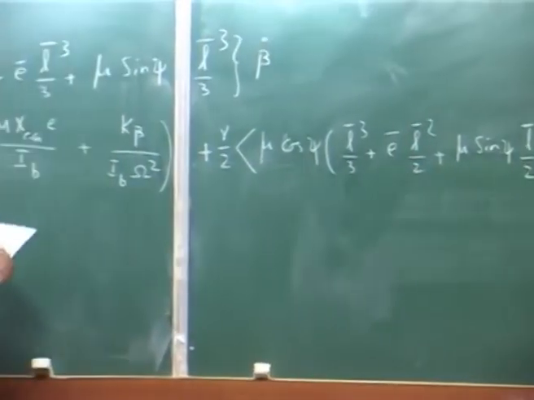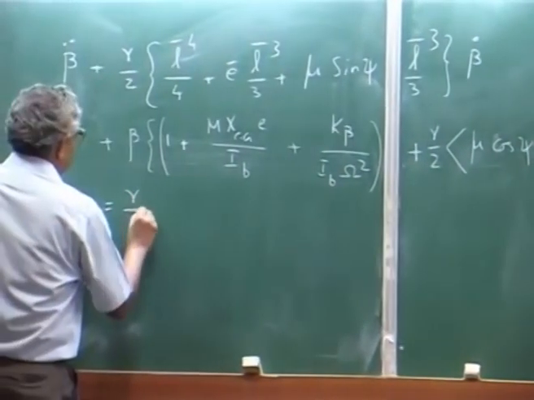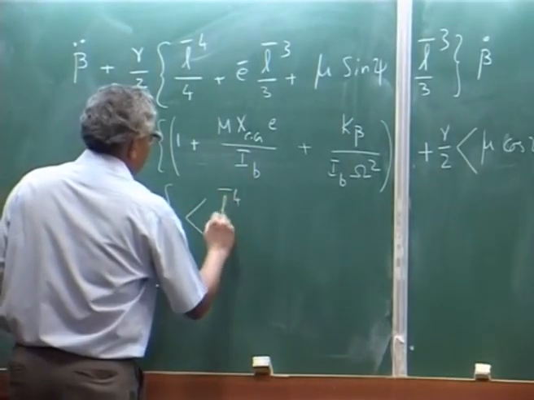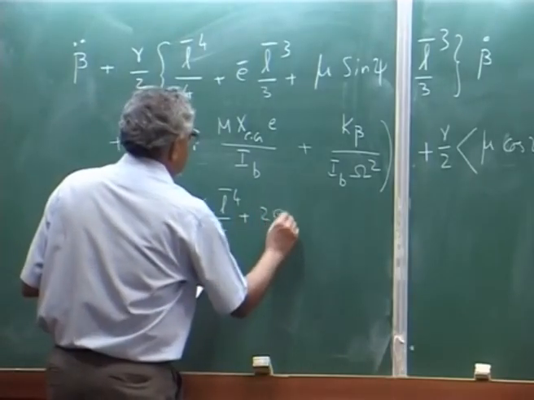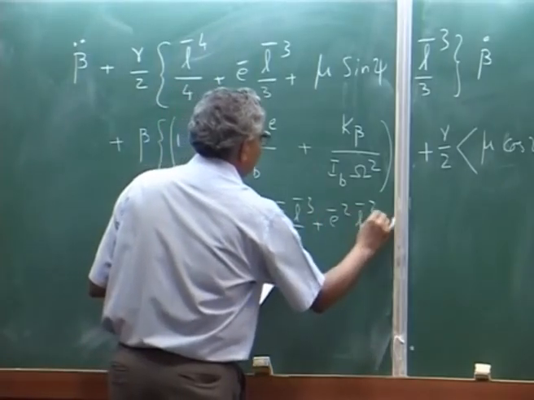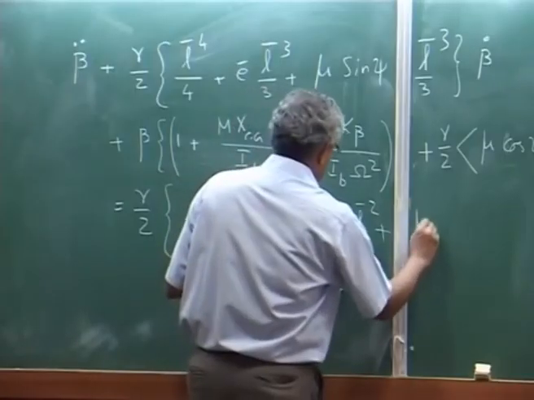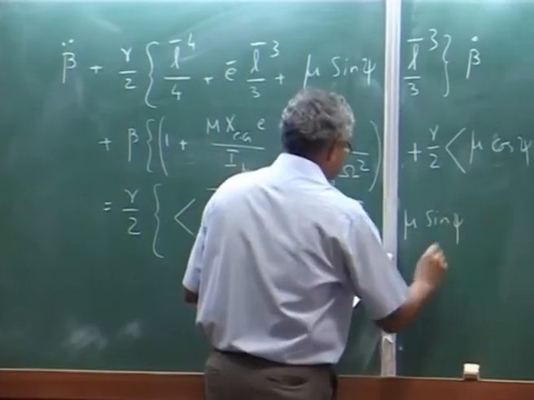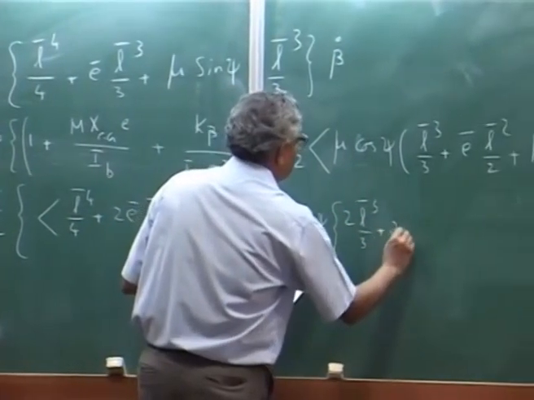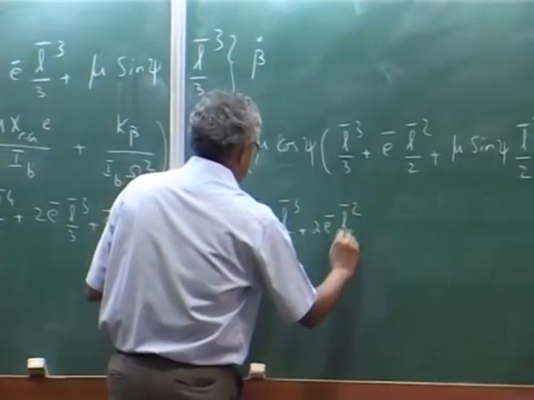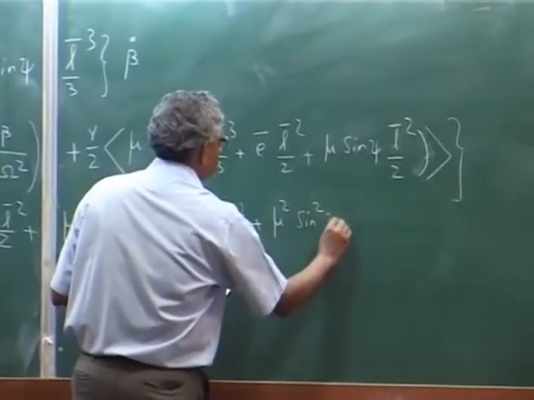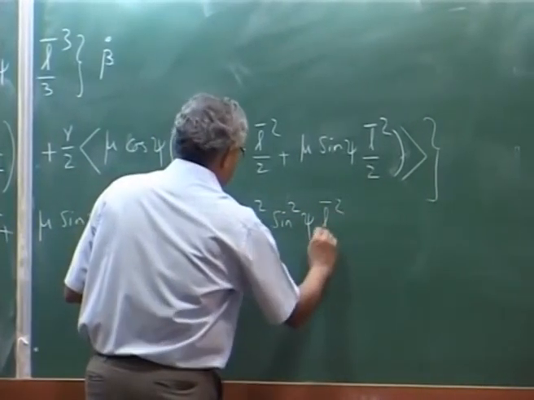Okay. And then the right hand side you will have equals gamma over 2, you will have the control input 2 E bar L bar cube over 3 E bar square, anyway mu sin psi 2 E bar, okay, plus mu square sin square psi L bar square over 2.